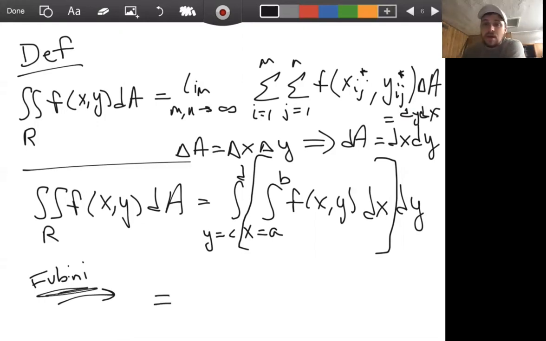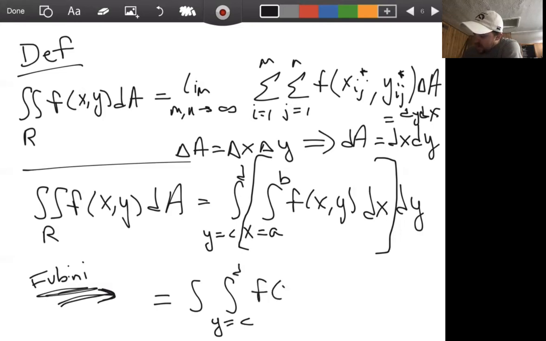If you're looking at an iterated integral, then it's intrinsic whether you integrate with respect to x first or with respect to y first. And so thanks to the mathematician Fubini, we know that this is the same as the integral from y equals c to d of f of x, y, but we switched the order, right? So now it's dy dx, and then x equals a to b.